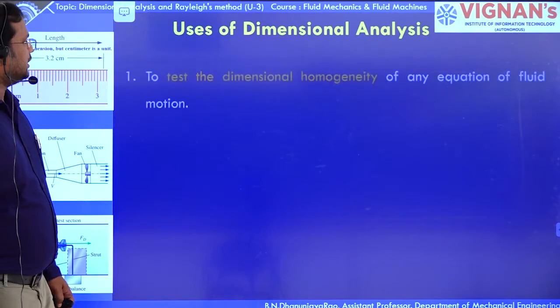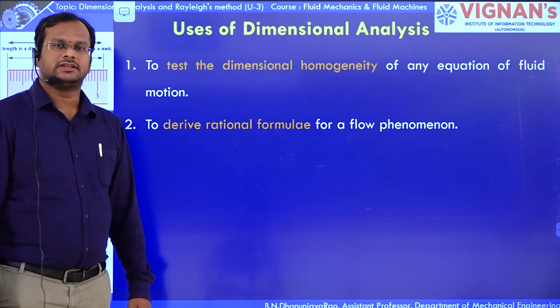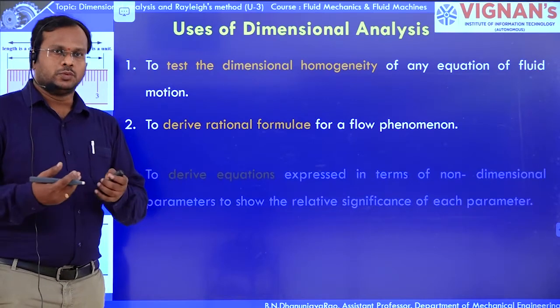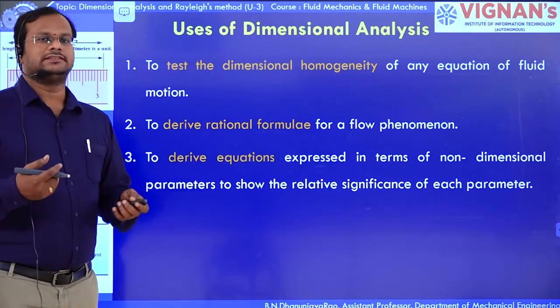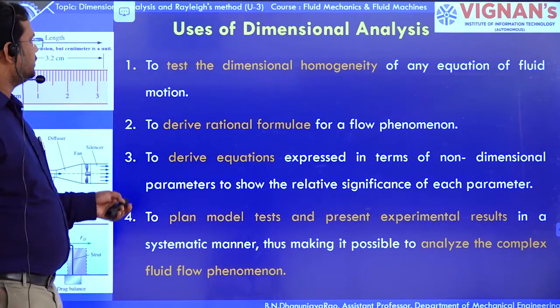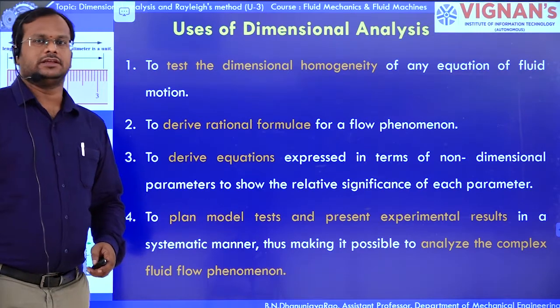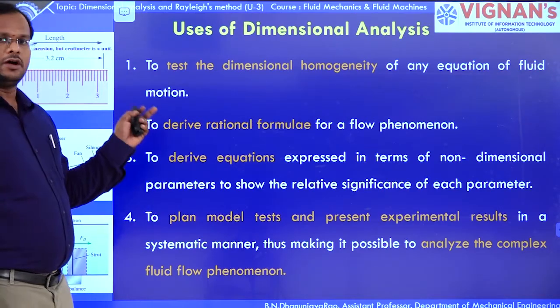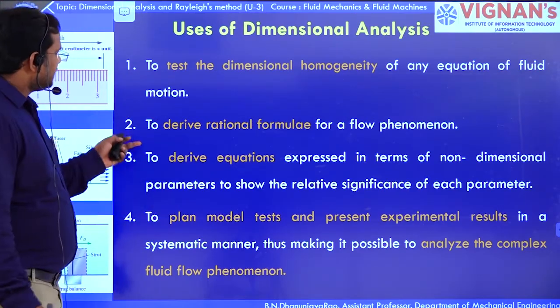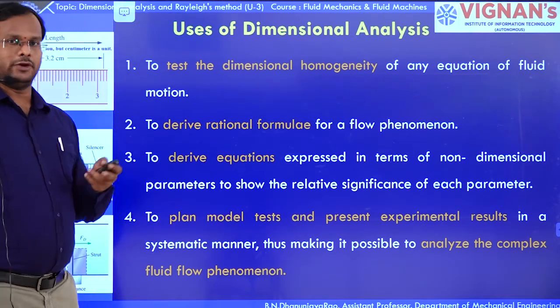Uses of dimensional analysis. There are many uses for dimensional analysis in a particular research work. It is very important. These are the different uses. First, to test the dimensional homogeneity of an equation of a fluid flow problem. Second, to derive a rational formula for a particular flow phenomenon.